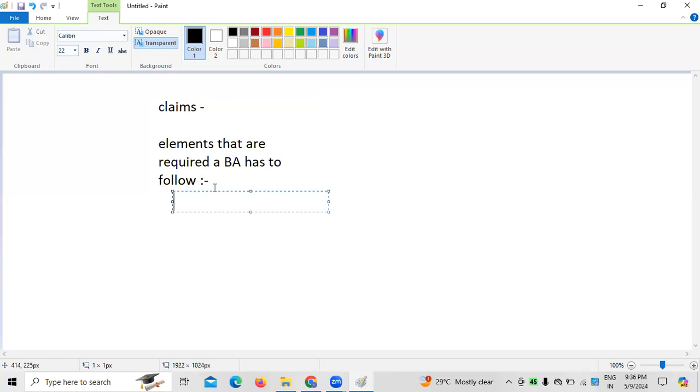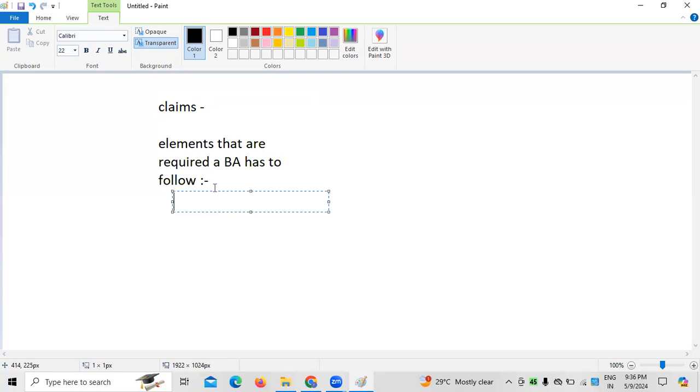So in this regard, whenever we try to understand the core elements, the core requirements as a business analyst, there are three elements as I stated.